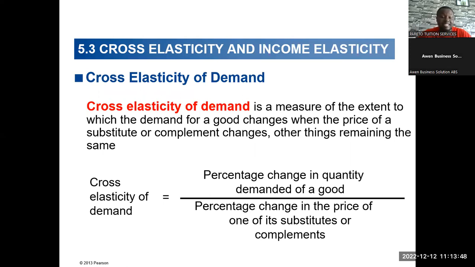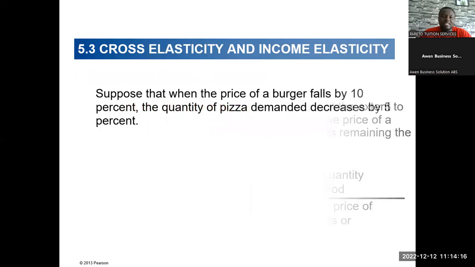That good can either be a substitute or a complement, holding all other things constant. So assuming there's an increase in the price of a substitute, or an increase in the price of a complement, how does it affect the demand for this commodity in question? Okay. So the formula is percentage change in quantity demanded of the good in question divided by the percentage change in the price of the related good. Are we together? The price of the related good.